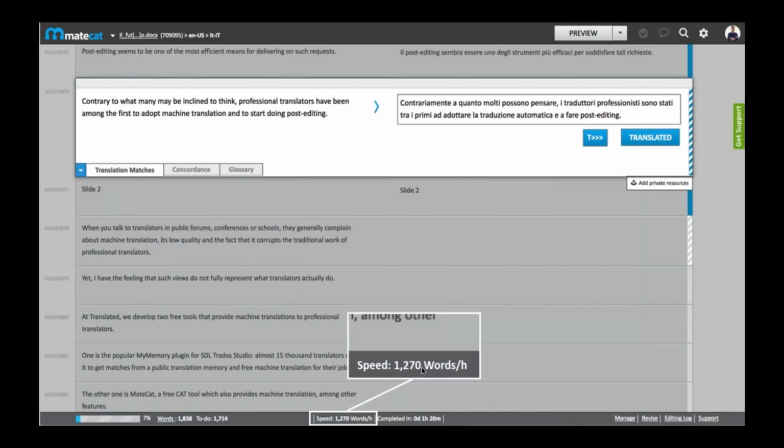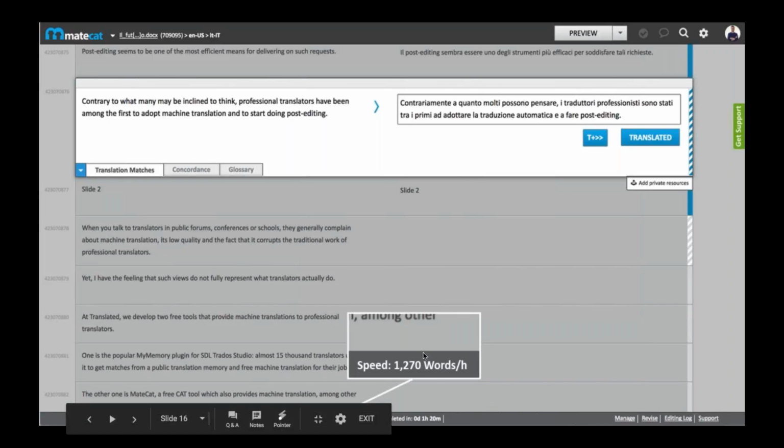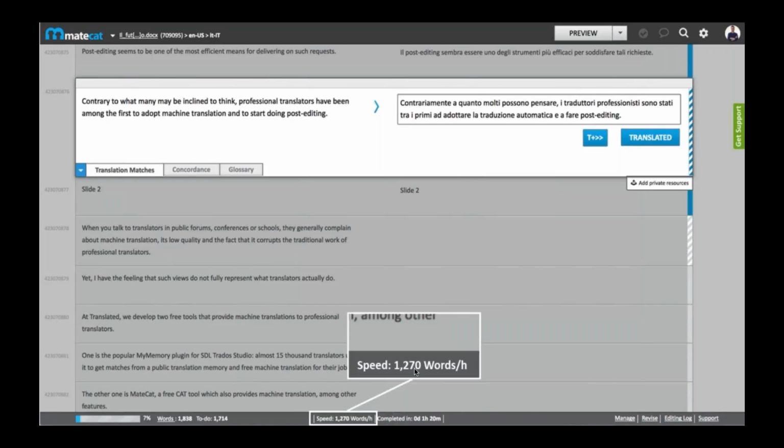So to make 35 euro per hour, you will need to translate or exceed 700 words per hour. And as you can see here, the speed for translating this text was actually already 1270 words per hour, which is incredibly high, and we don't need to wait until 2022 to get there.